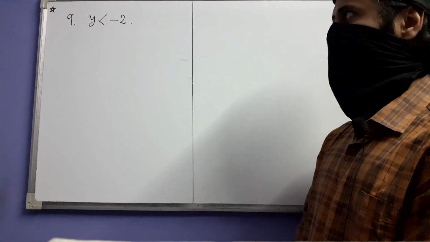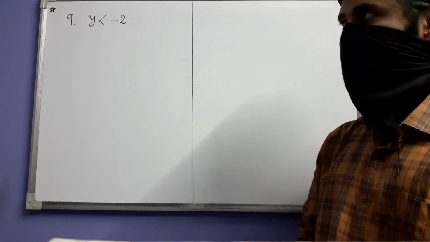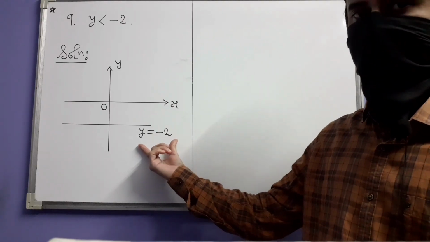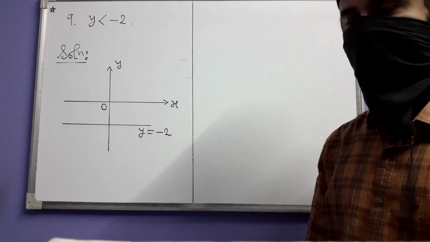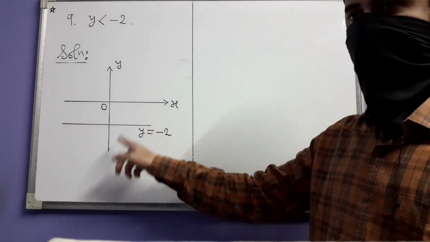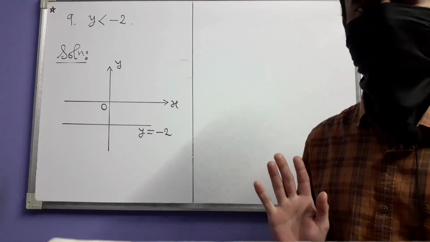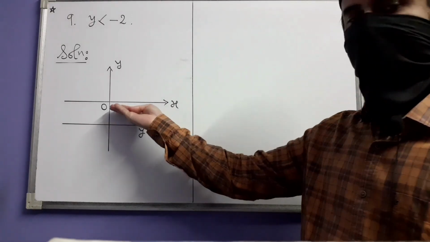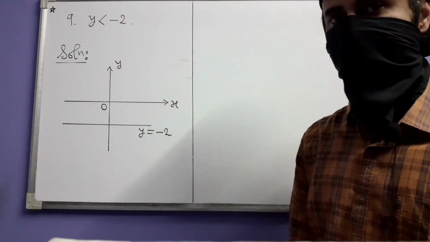Next, number 9, where the inequality is y less than minus 2. In this case, the equation is y equal to minus 2, and its graph is this horizontal line. It is that line on which every point has the constant y coordinate minus 2. And then again, you substitute the coordinates of the origin in this inequality.